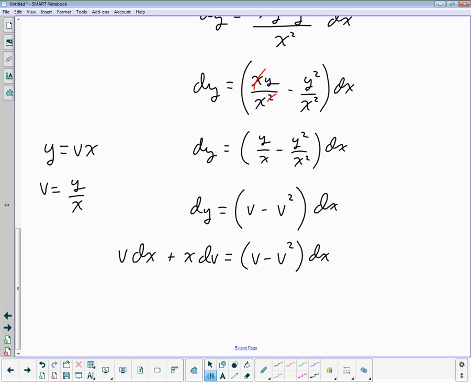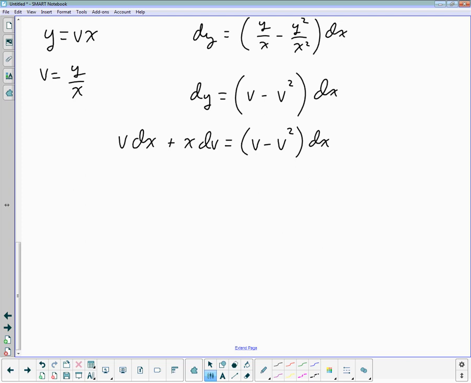And when we rearrange this, we're basically now where we were last time, which is get all of your x's on one side, get all your v's on the other, integrate, and rock and roll. So I'm going to get my v's on the left, my x's on my right, and tease and play. So the v dx comes on over.